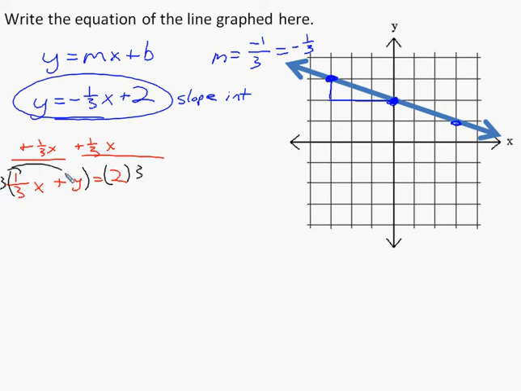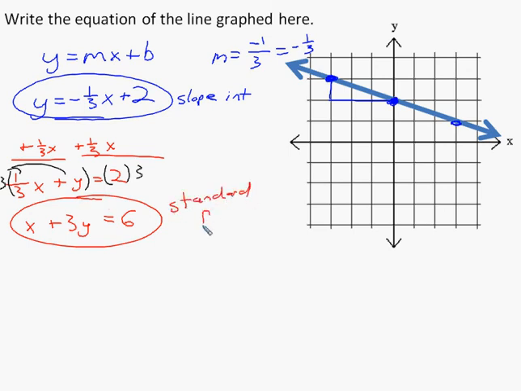When we distribute that 3, we get x plus 3y equals 6. And so there it is in standard form. Once again, if you have the graph of the line and you can see where it crosses the y-axis, instead of using point-slope form, you can just go back to slope-intercept form and plug in the information.